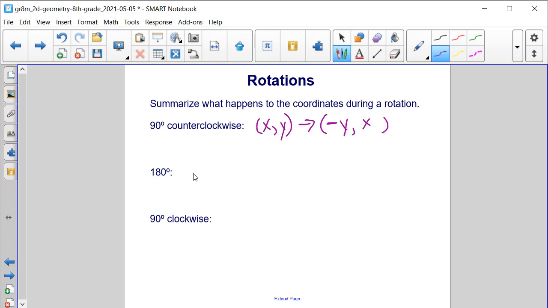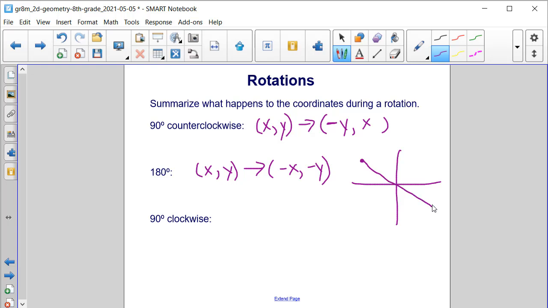In a 180-degree rotation, we went from (x, y) to (-x, -y), because if we start in quadrant 2, it would go 180 degrees straight through and come over here. So the signs would be the opposite in this new point here.